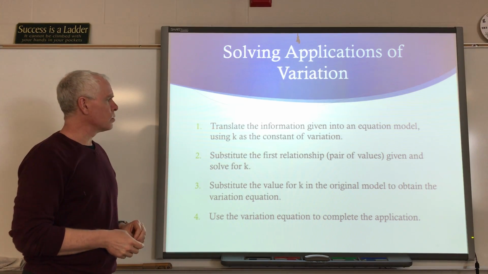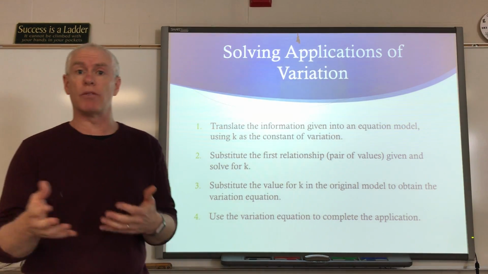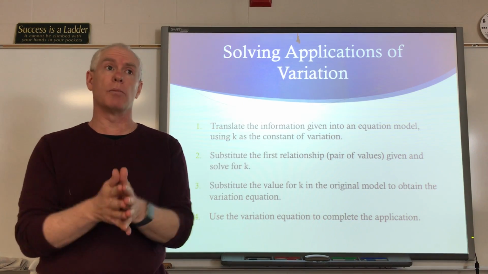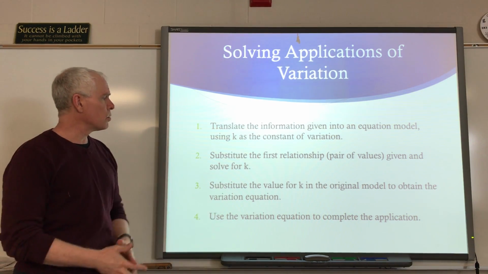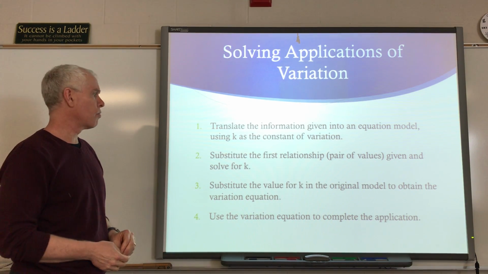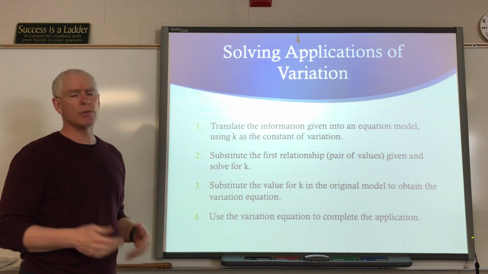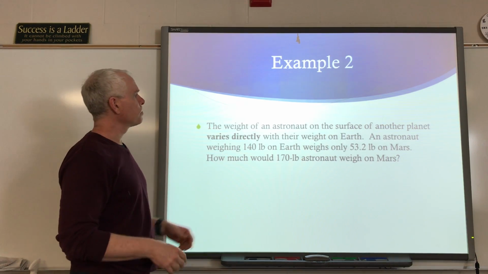Two, we're going to substitute the first relationship or pair of values given. So they're going to give you a couple of different numbers that we can put in place of those variables. And then we're going to solve for k. We're going to substitute the value for k into the original model to obtain an equation that works for all models. And then we're going to use that equation to predict. Okay, so let's take a look at an example.